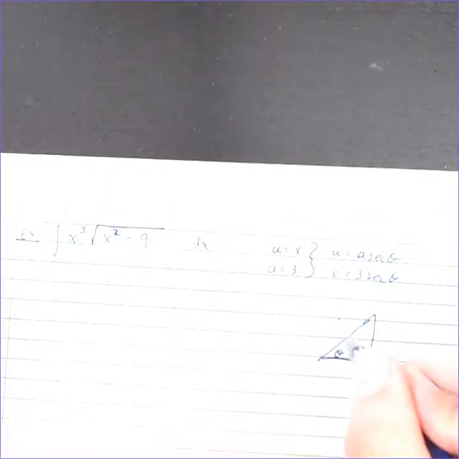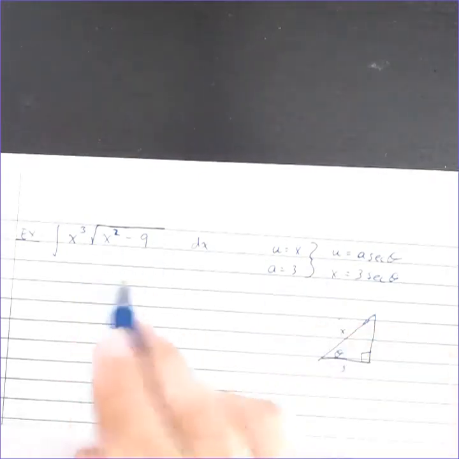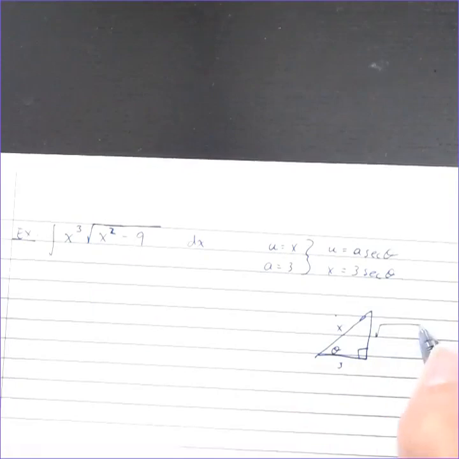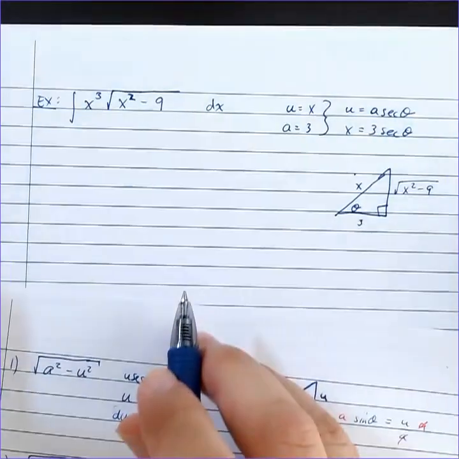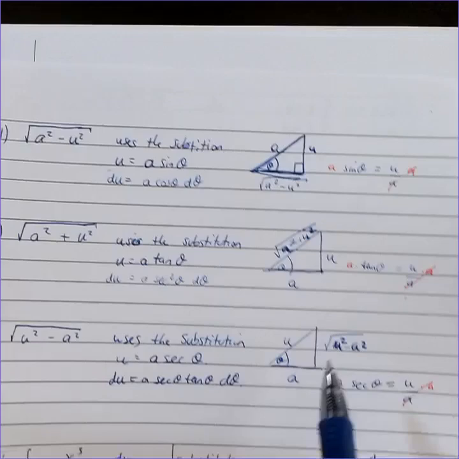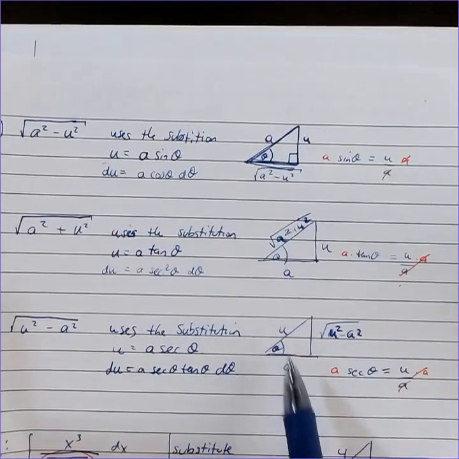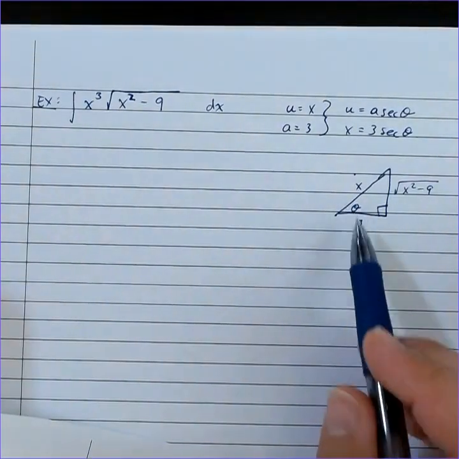Okay, so the u is going to go here. The a is going to be adjacent. And then this radical expression, the square root of all that other nasty looking stuff, that's going to be opposite the angle theta. So I've just replicated this triangle with x and 3 in place.